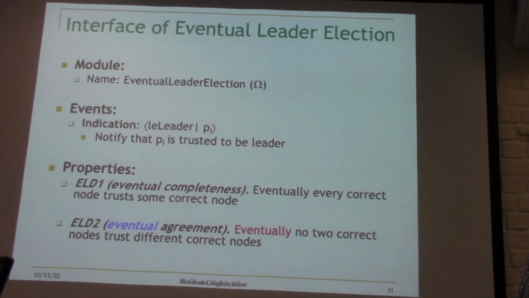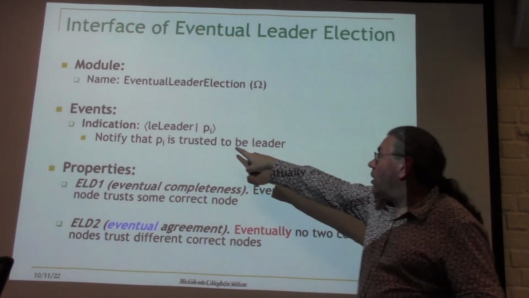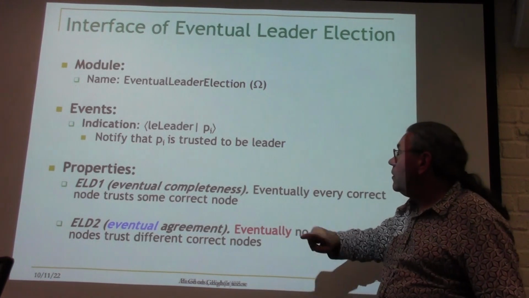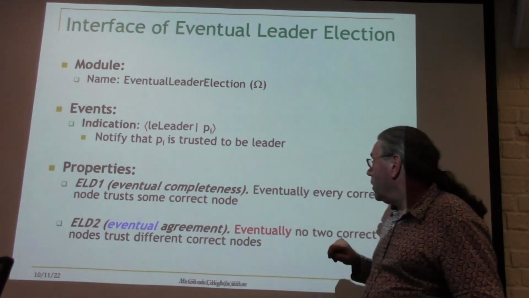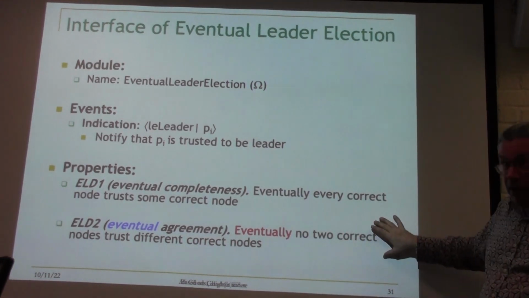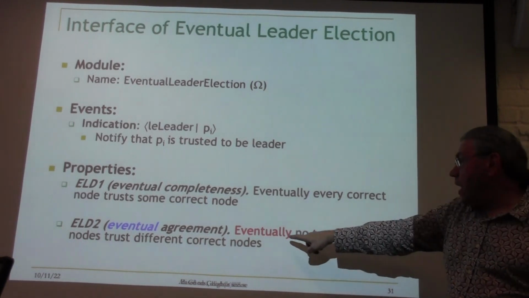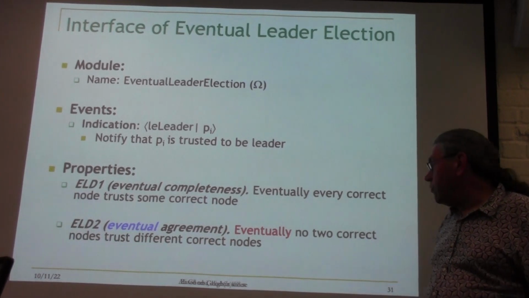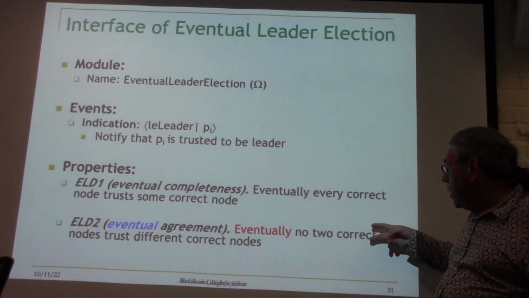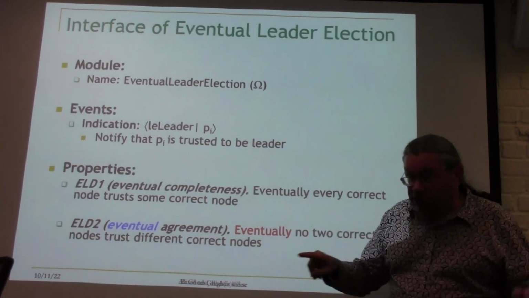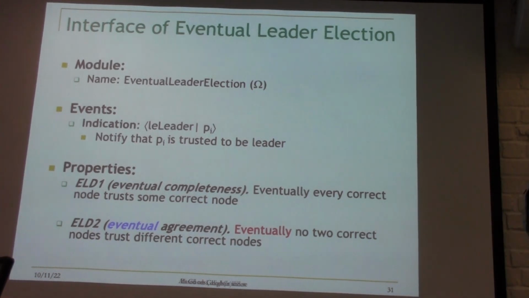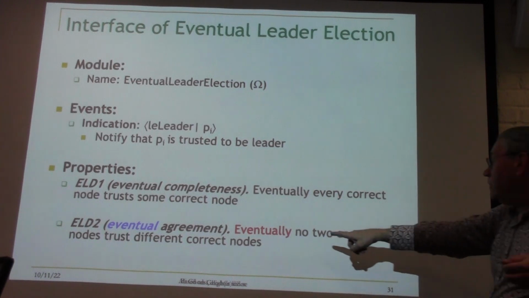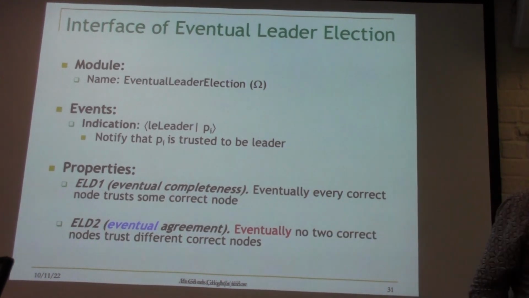Notice here we have again one indication. Pi is the leader. Notice here we have two properties now, not three. And this one is eventually no two correct nodes trust different correct nodes. And so in the beginning, we're allowed to have two nodes thinking that the leaders are different nodes. But eventually, that will not work anymore.